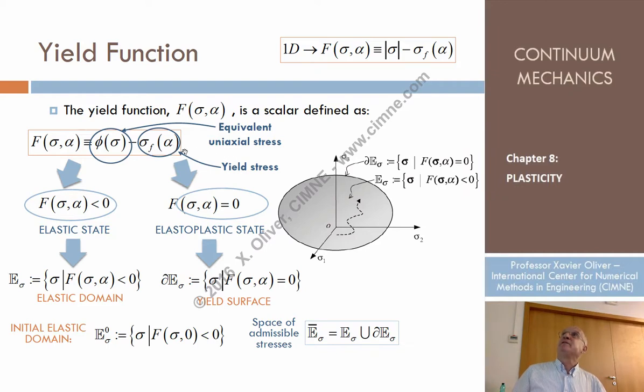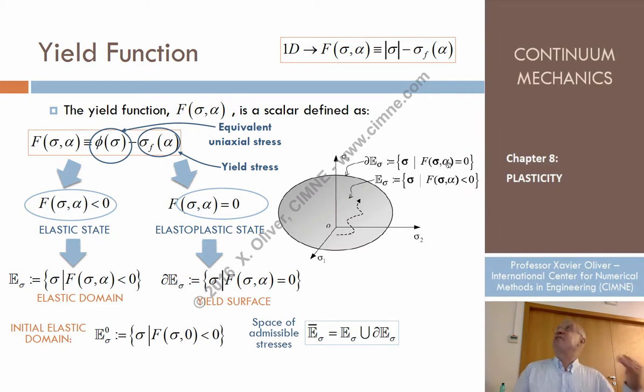The interior of that function, that is when this function is smaller than 0, defines the elastic domain. The surface of that function, that is when f is equal to 0, defines the limit case, the elastoplastic state. And the exterior of this function cannot be achieved if we keep alpha constant.